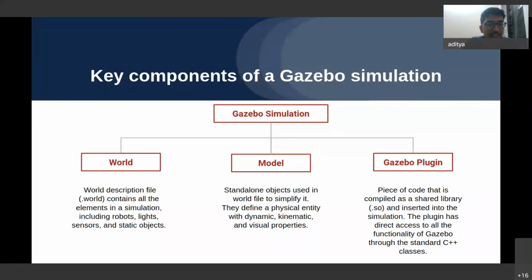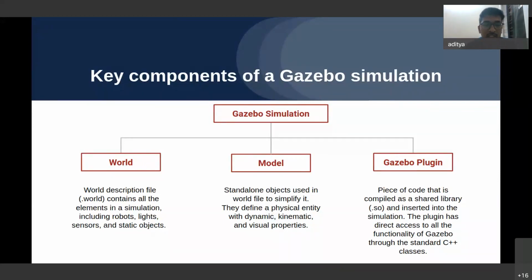That's how it helps us simplify our code. The model defines a physical entity with dynamic, kinematic, and visual properties. So the visual, how it's going to look, and its dynamic properties, meaning its mass, its inertia, and all that, must be described in this model file.